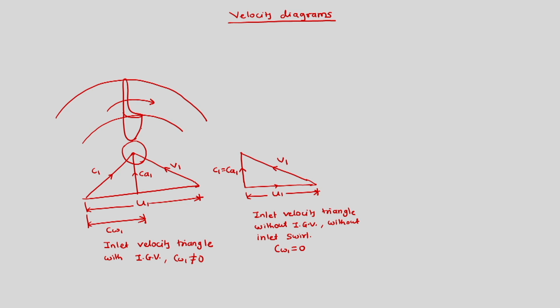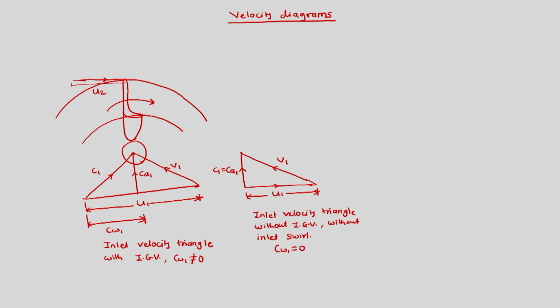So, this is how air would be entering into the impeller eye, and while it is leaving, it would leave from the tip of the impeller, which has velocity U2, which is tangential velocity.